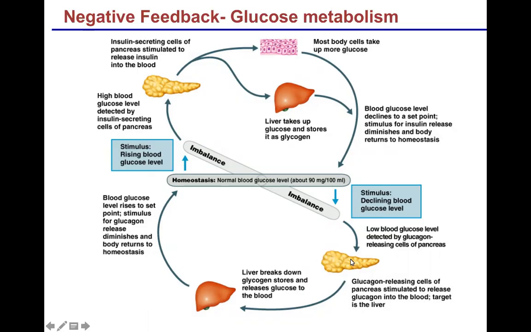So when it is low, the pancreas starts producing glucagon, and this acts on the liver to convert glycogen into glucose. Now this glucose goes into the blood. As a result, the declining glucose level is corrected, keeping the homeostasis of the blood glucose level normal.